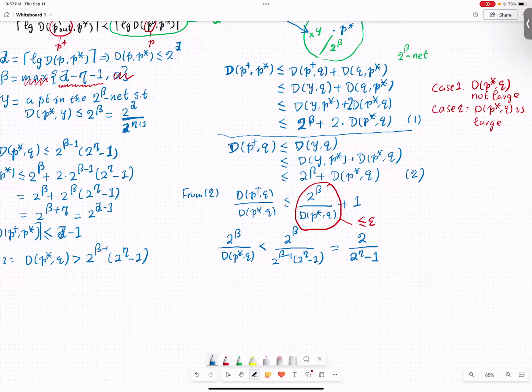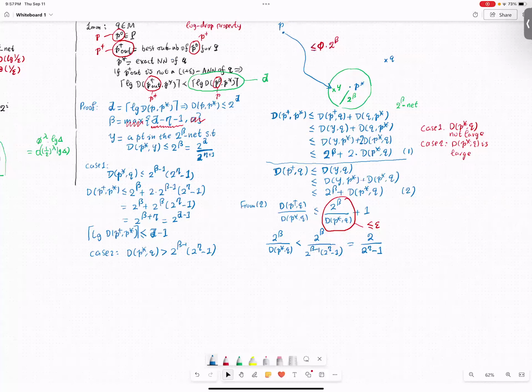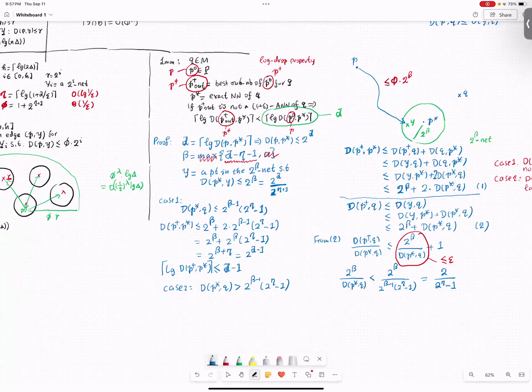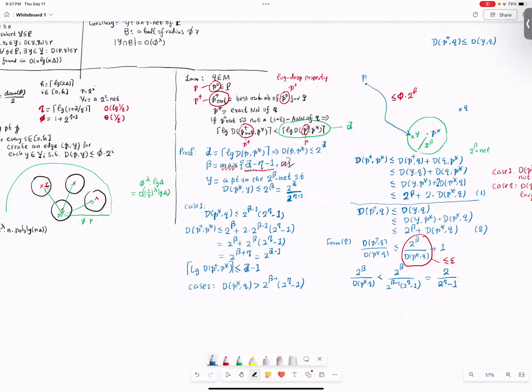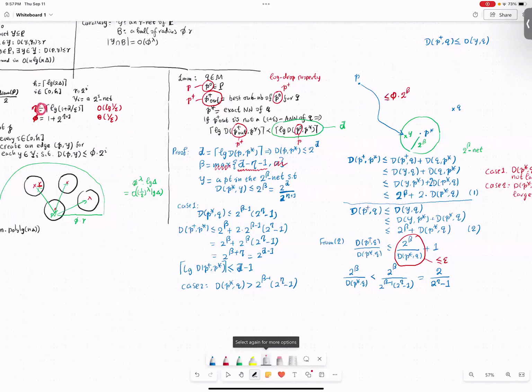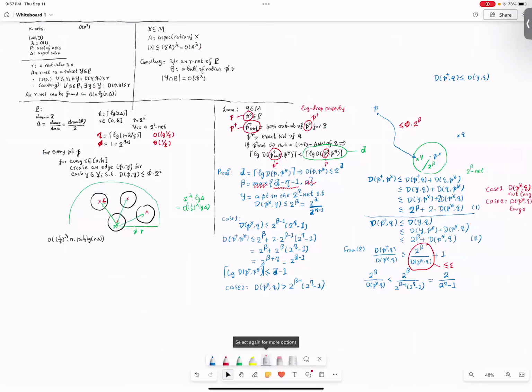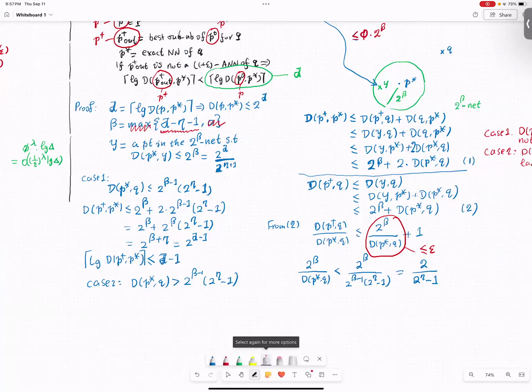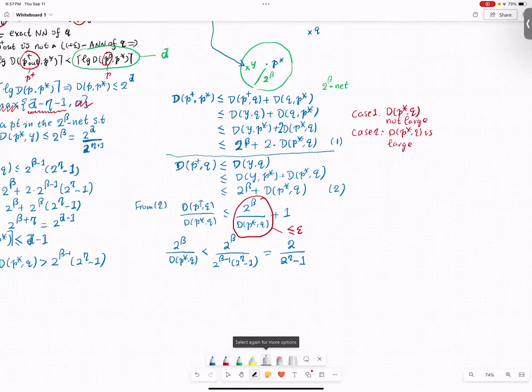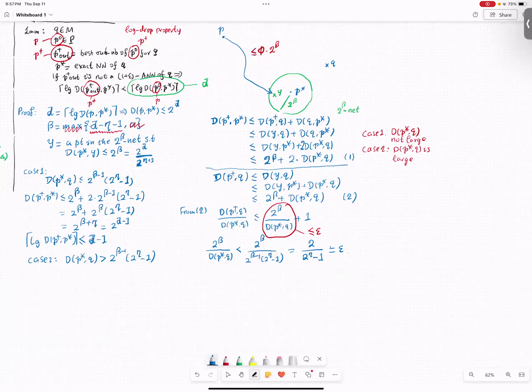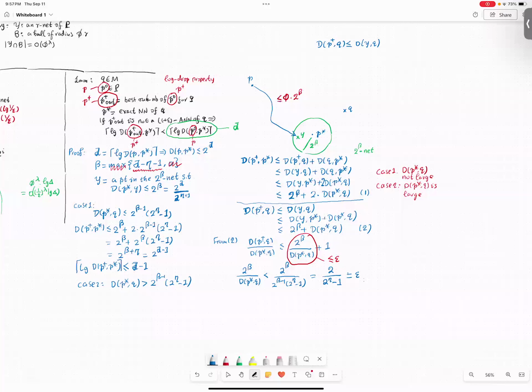Finally, if you look at our choice of eta, apply the definition here, plug in the value of eta, and you will see that this is equivalent to epsilon. With this, I complete the proof here. Thank you for listening. Bye-bye.